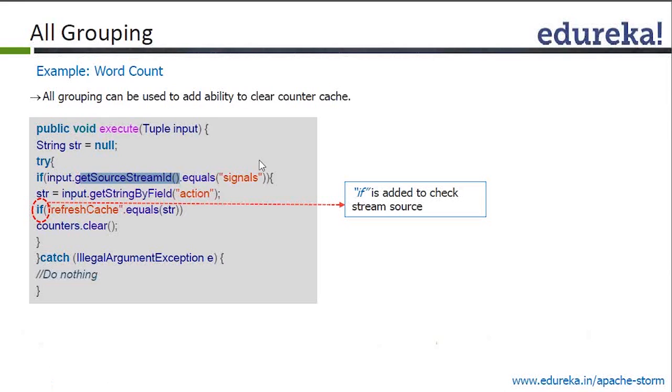You are just checking whether the source of the stream which is coming to me is from signals, then do something. And what are you trying to do? You are just checking if the action value is equal to refresh cache, then you are going to clear some counters. That's all.